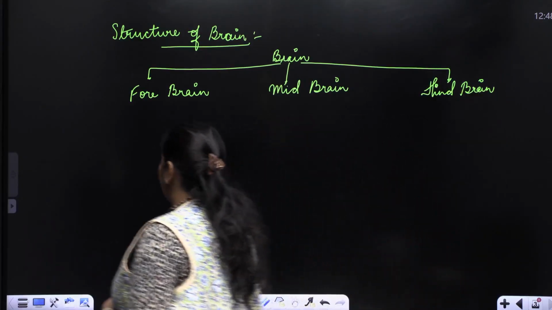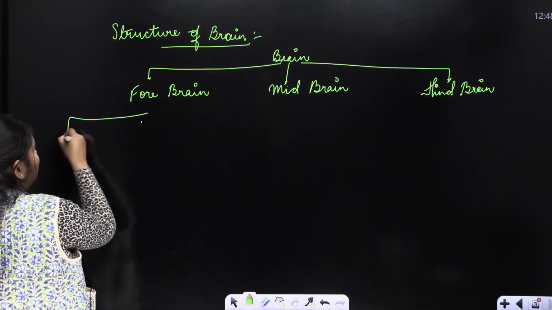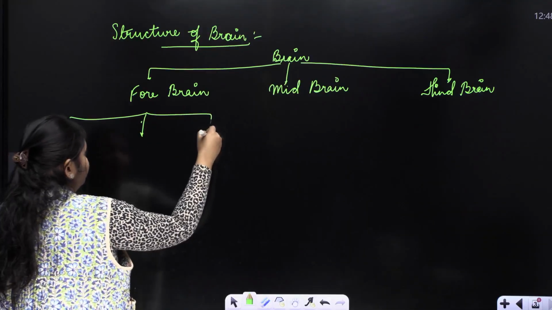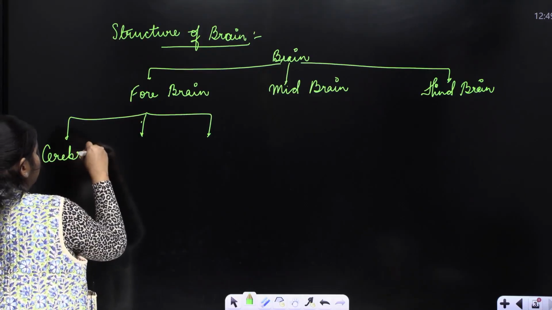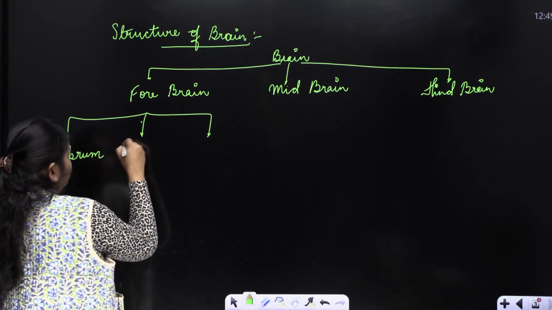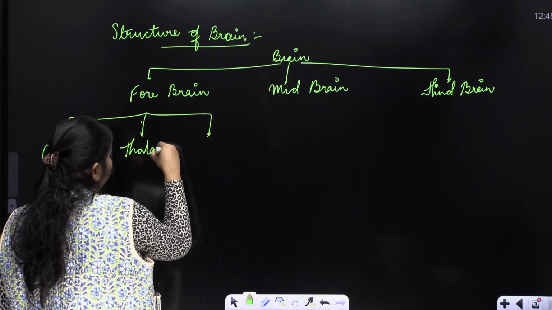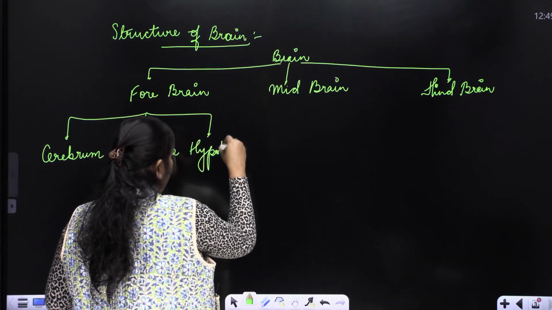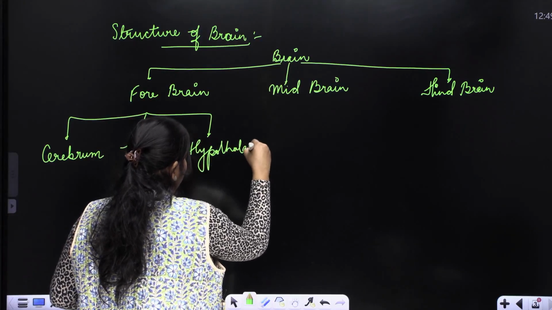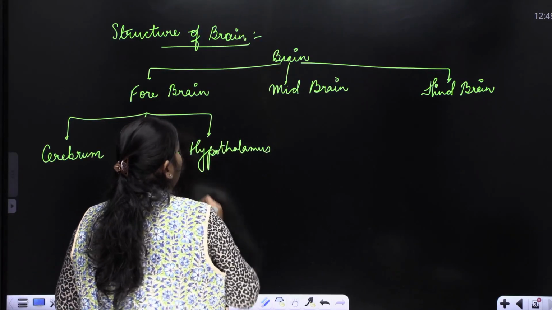The forebrain is divided into three components: cerebrum, thalamus, and hypothalamus. All right.